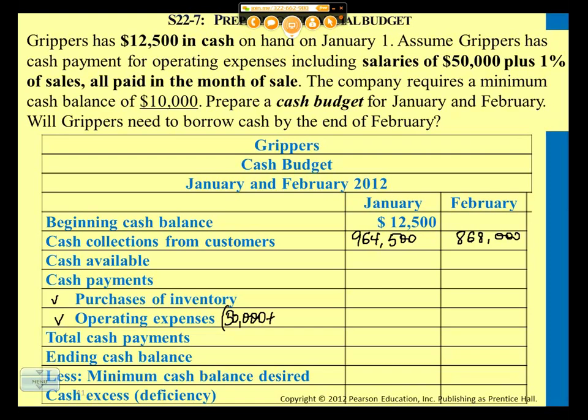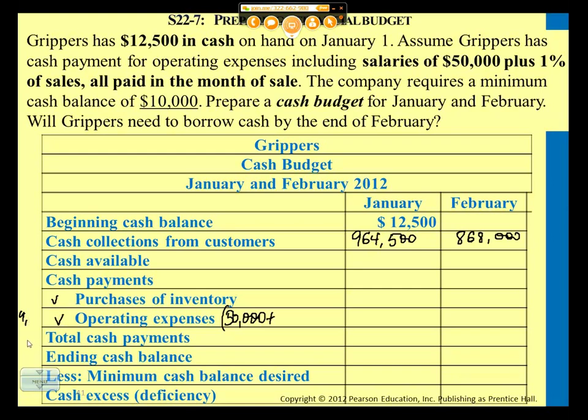All paid in the month of sale. So it's in the month of sale. All right. You're saying it's 9,000. I'm just going to write it here. Let's assume you collected 1% of the cash collection. We said all paid in the month of sale, right?